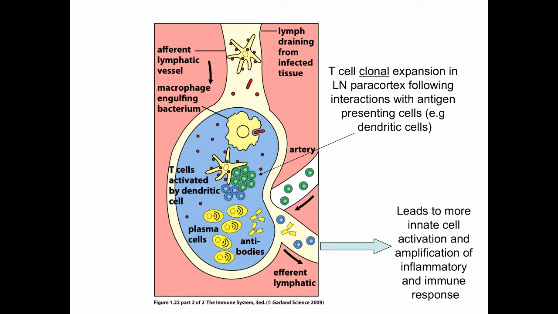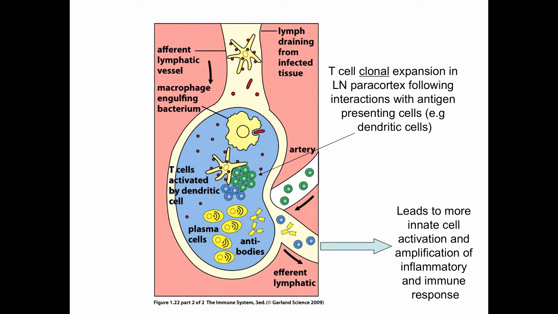So this dendritic cell is a professional antigen-presenting cell that's processed and presented peptides from antigens that it's encountered at the barrier site, and is presenting those peptides in a form that this T cell can recognize. And so if you have a T cell that has a receptor specific for those antigens, these T cells will clonally expand. They'll proliferate and make more of themselves.